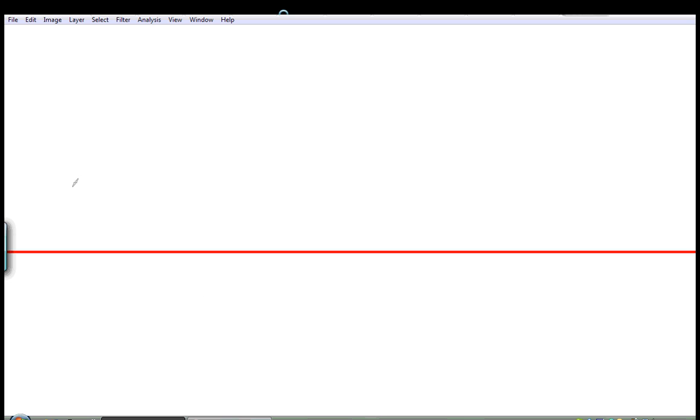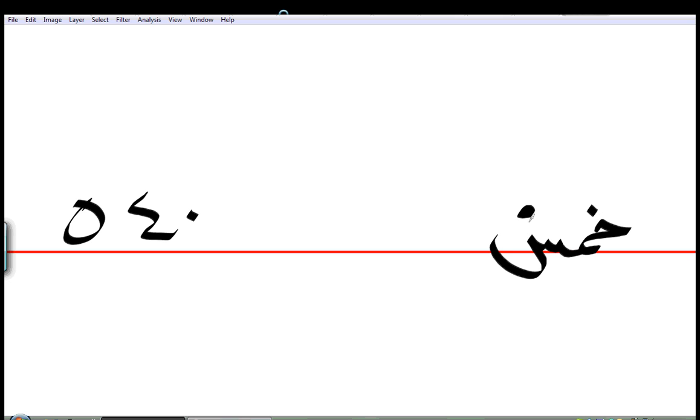Next, let's try another example. So let's say this number. How do you say this number in Arabic? This number is خمسمئة, meaning 500, and then you add wa, which means and.